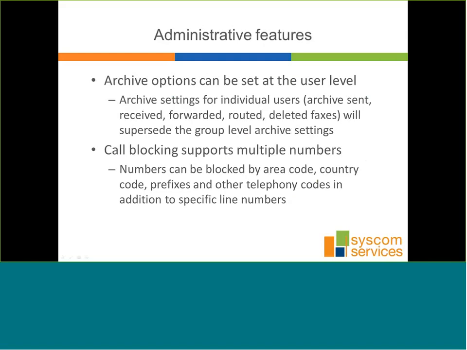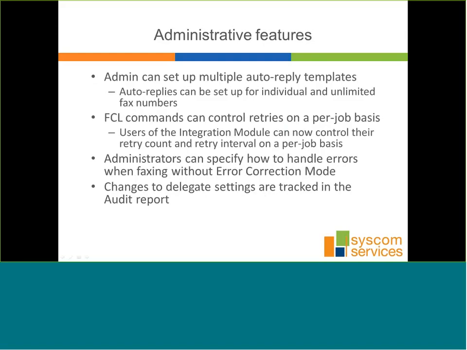And the call blocking feature that exists in RightFax: currently, you can set up kind of a whitelist, so to speak, of phone numbers that RightFax will not accept calls from. That feature has been extended to where you can set up area codes, country codes, prefixes, and such. So you have a lot more flexibility.